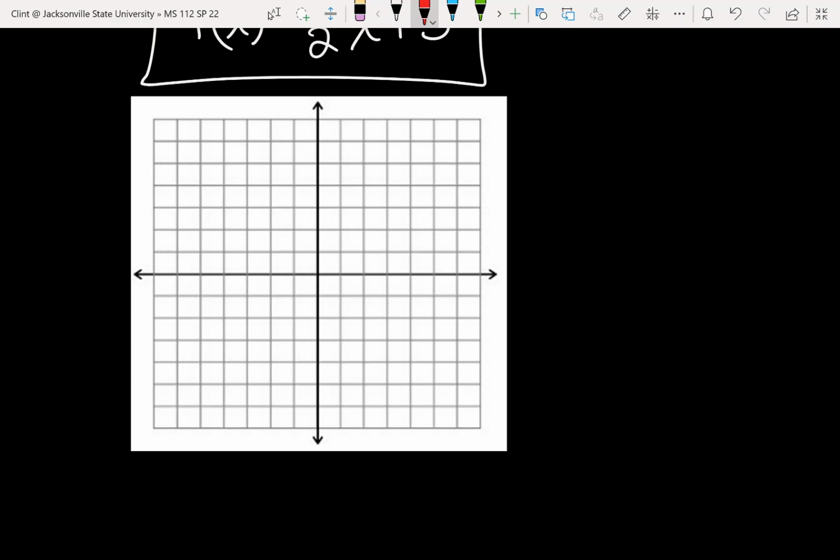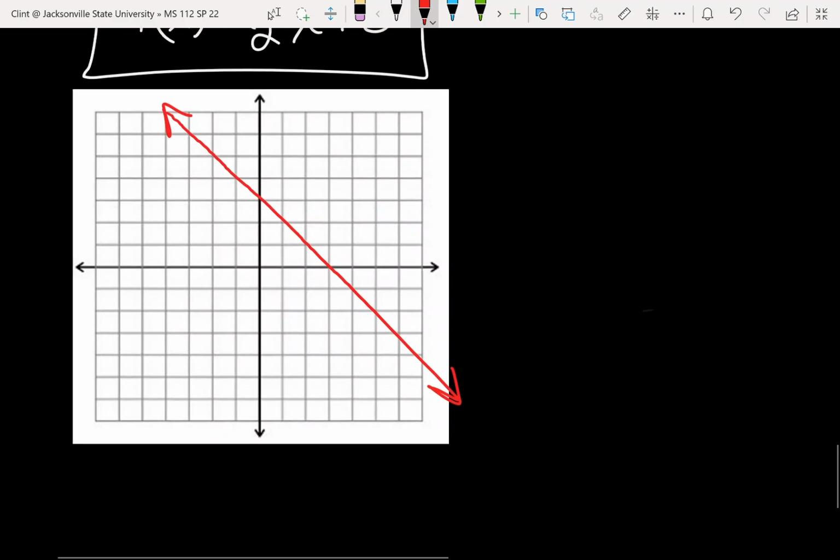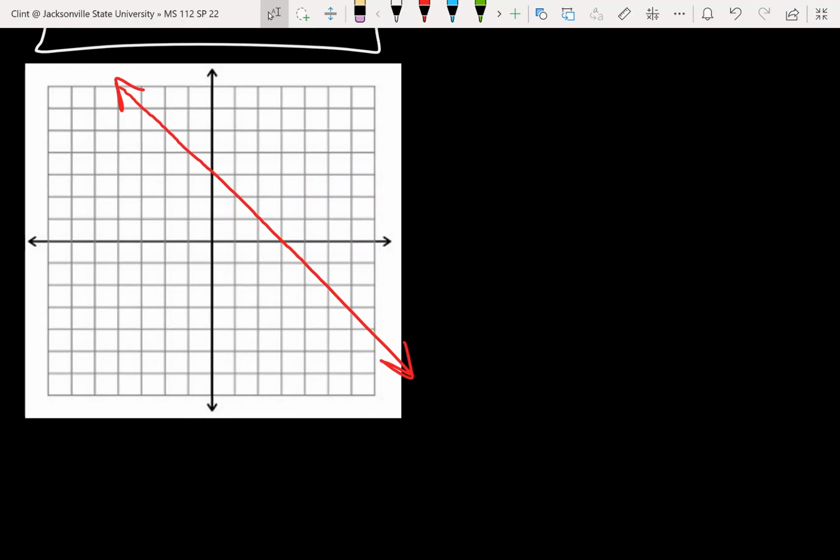Let me try to draw it better. Okay, a little better. So here's a graph of a function.